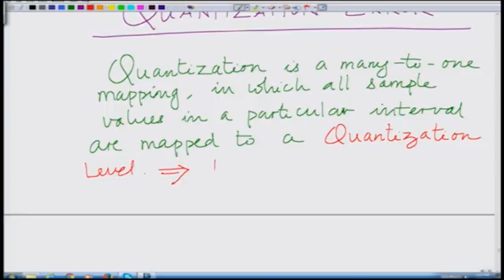This implies that there is error. Well, there is an approximation error.